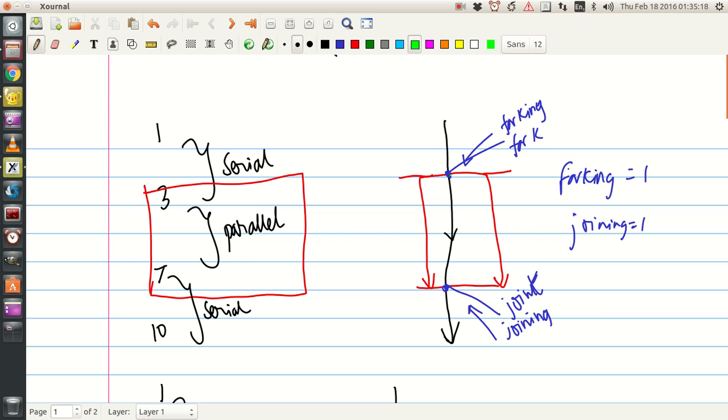That will be this blue point over here and this blue point over here. These indicate the starting and ending points of the parallel region. What OpenMP's principle says is that in this region, split the job among the threads.